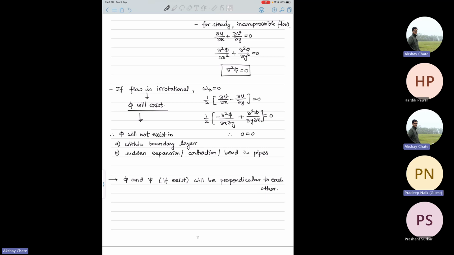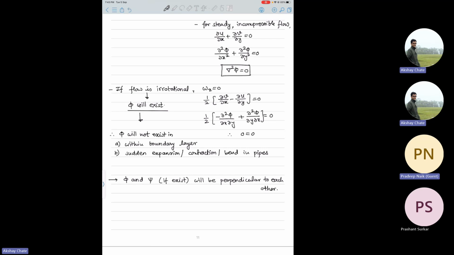Sir, one question. If phi is equal to 0, it will be rotational? One second. If you put phi equal to 0 in this equation, then omega z becomes 0.